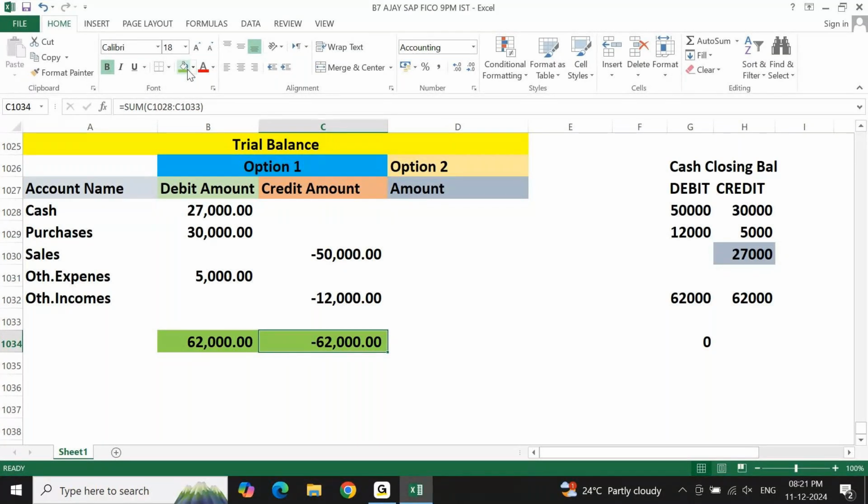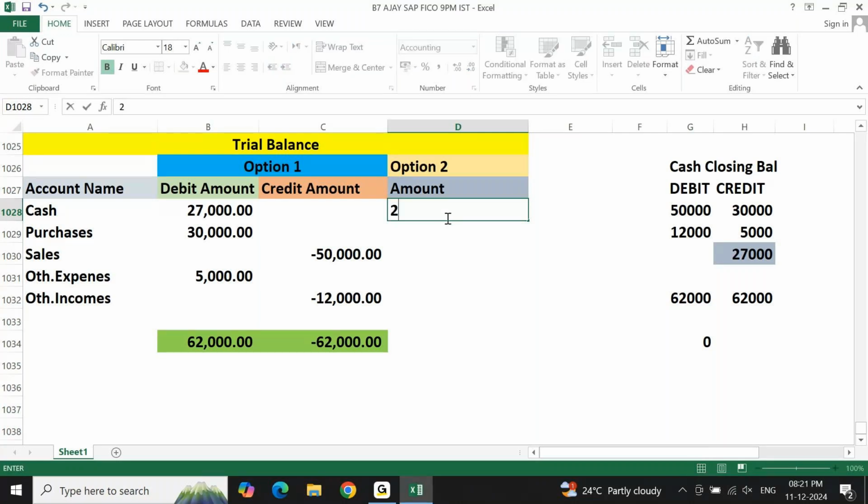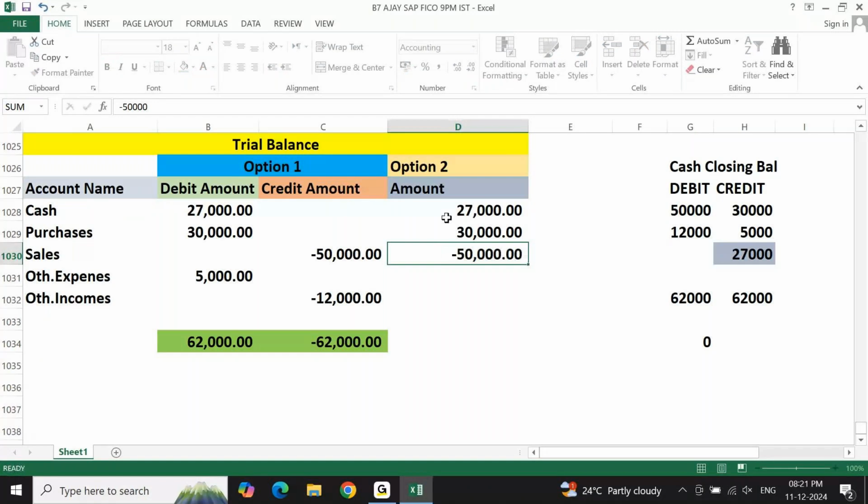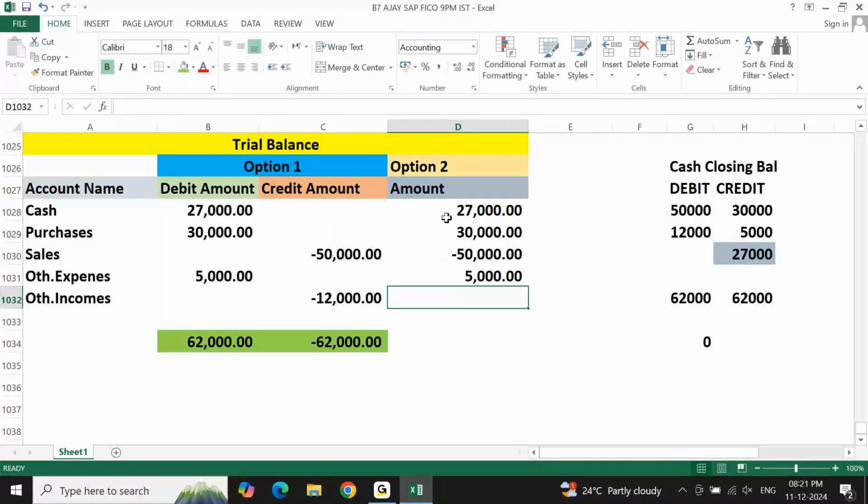This is one way of preparing a trial balance, but in most organizations we will go with option number 2. Here you put a positive number if it is a debit: 27,000. If it is a debit, 30,000 positive. If it is a credit, 50,000 positive. If it is a debit, 5,000 positive. If it is a credit, 12,000 negative. Is this how we will do it? Yes.